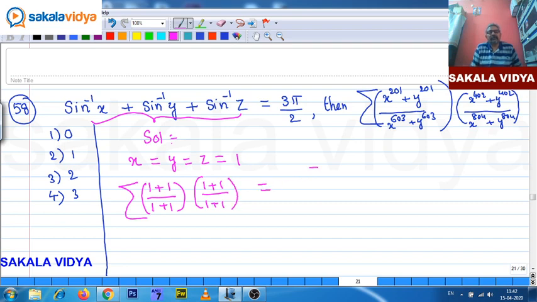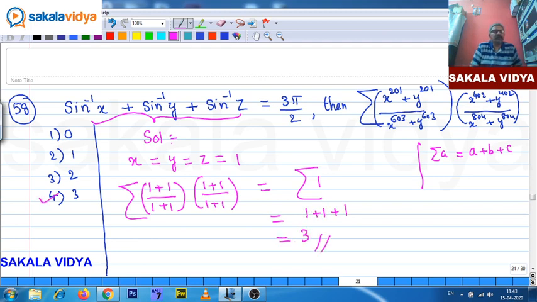This is sigma of 2 by 2 into 1, sigma 1. I will explain: sigma a means it applies only up to 3 terms, a plus b plus c. As it is a constant, sigma 1 means 1 plus 1 plus 1 needs to be written. That is 3. So the fourth option is the right option.